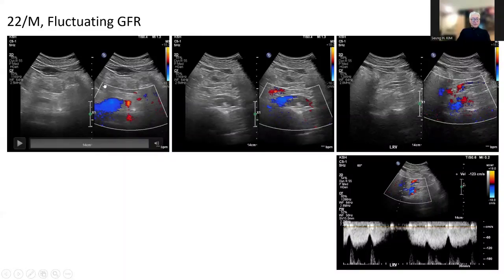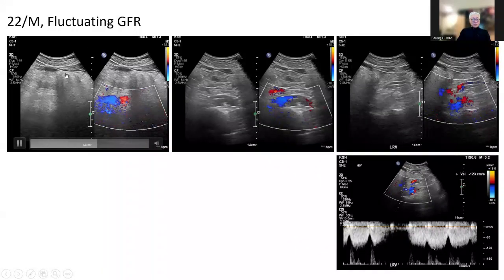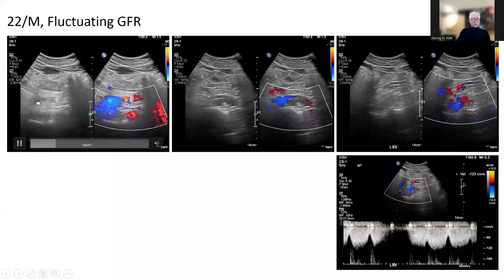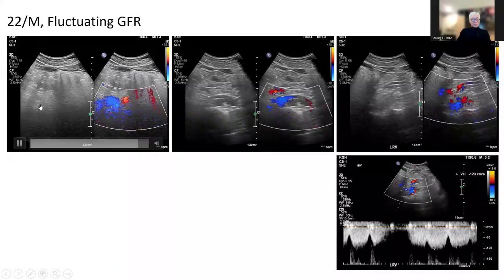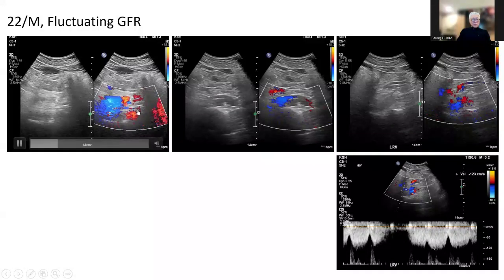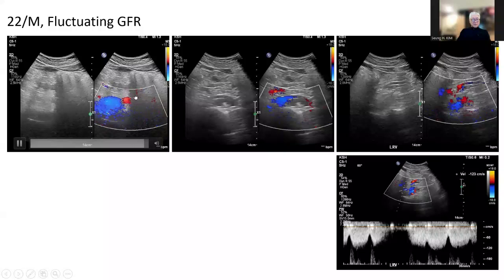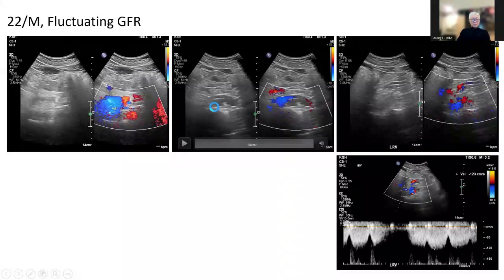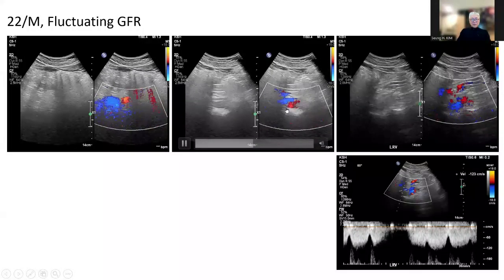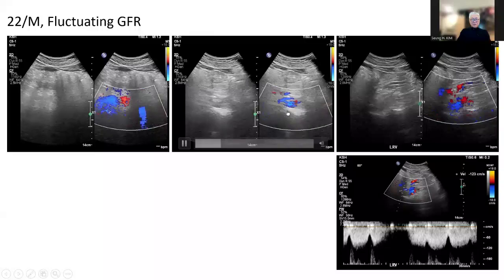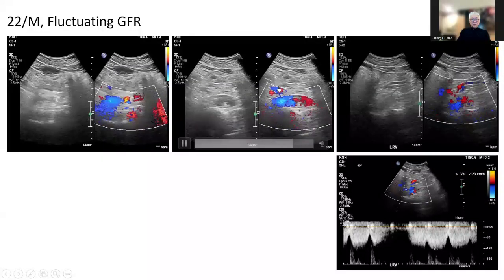In this image, I tried to examine the left renal vein, but it's not easy to get a Doppler signal from it. Probably there are pulsating vessels here, maybe the aorta is around here, and probably that is the superior mesenteric artery.